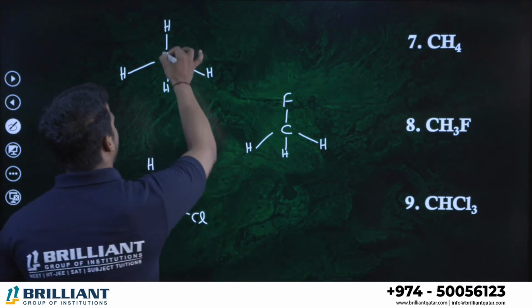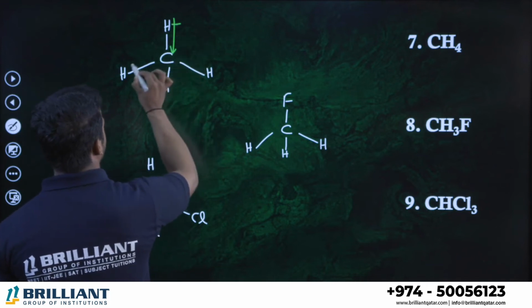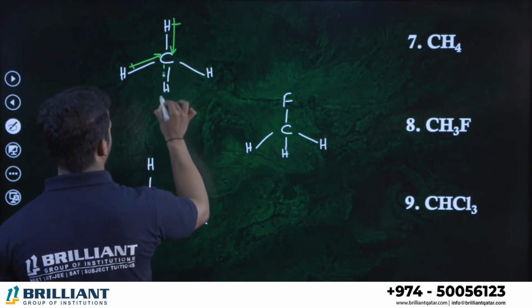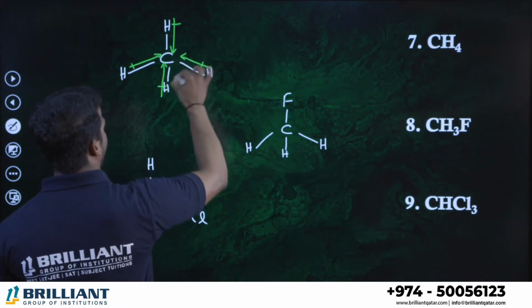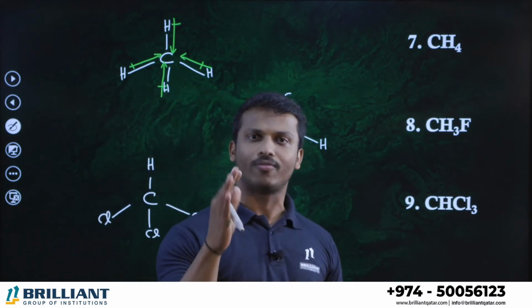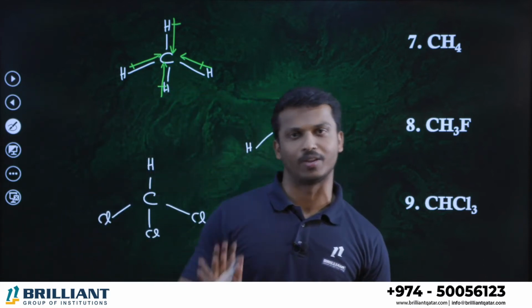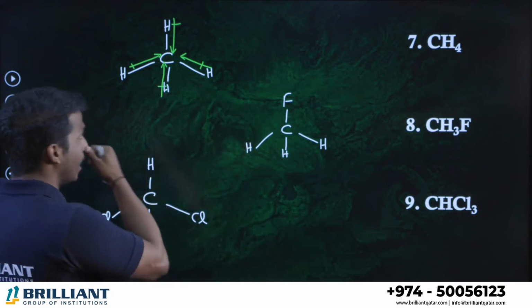You know, when you consider carbon and hydrogen, carbon is the more electronegative element, so we can draw the arrows towards carbon. The normal tetrahedral bond angle is 109.5 degrees or 109 degrees 28 minutes. All bond angles are equal in tetrahedral geometry. So what happened?